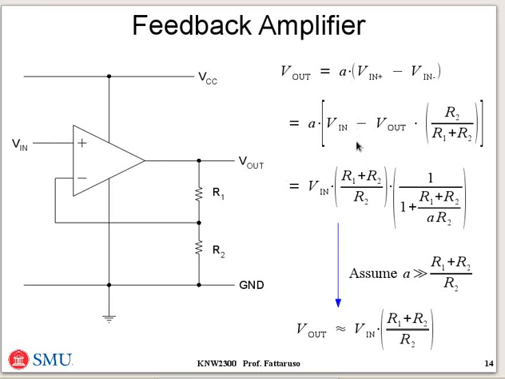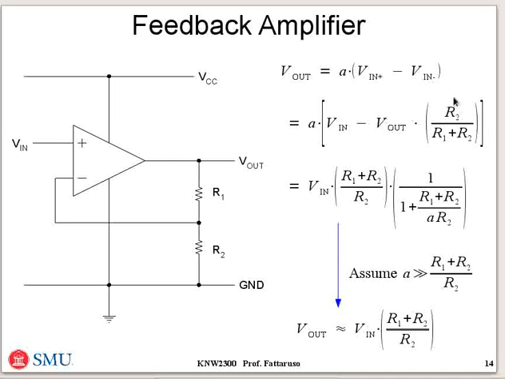The amplifier input voltage is fed to the non-inverting input here, and we can just recall this linear model of the op-amp where the output voltage developed is a linear constant times the differential input voltage across the two input terminals. Well, the inverting input of the op-amp is just tied to the output of this voltage divider.